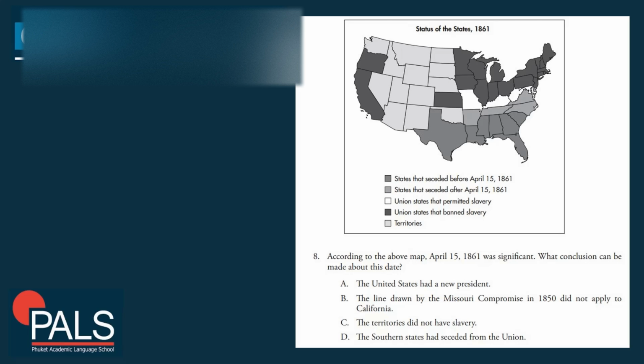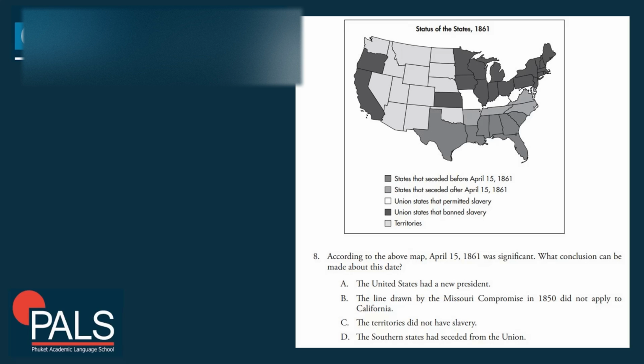So if we look in the key, which shows us the different shades of gray, the top two are states that seceded before April 15th, 1861, and then which seceded after April 15, 1861. What can we notice about those states?